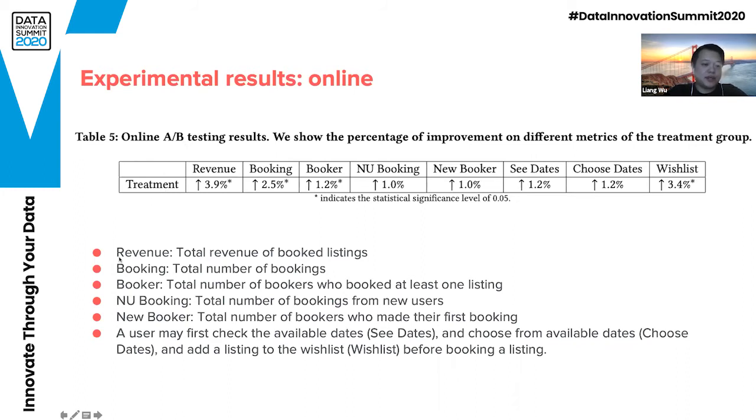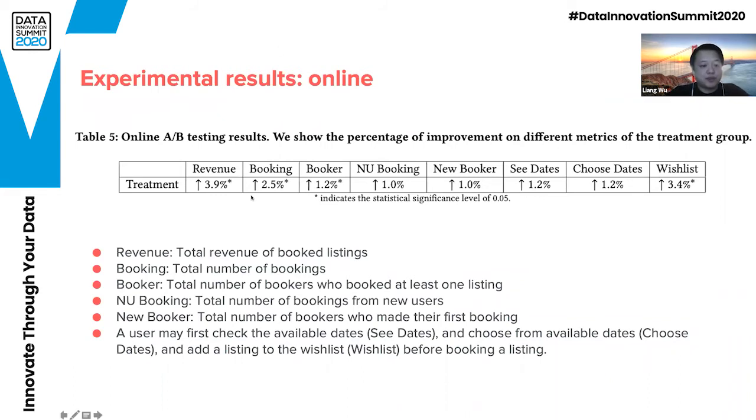Including the revenue, in revenue we have a 3.9% gain, and the gain is also statistically significant. And this 3.9% gain makes this experiment the most influential single experiment in 2019 in lifting the revenue of Airbnb Experiences.